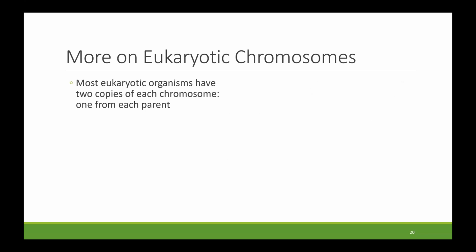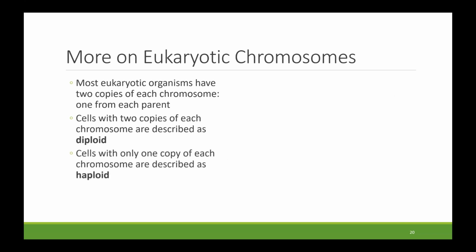These types of eukaryotic cells that have 2 copies of each chromosome are described as diploid, with the prefix di referring to 2. There are certain types of eukaryotic cells that only have a single copy of each chromosome, and those cells are not described as diploid, but rather as haploid. And we'll talk more about haploid cells in Chapter 7, but most eukaryotic cells are diploid.